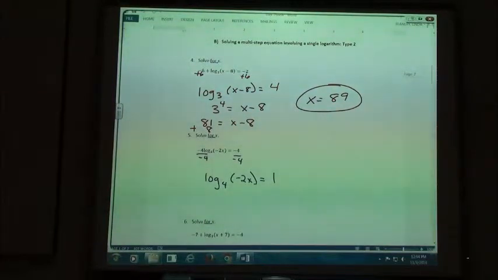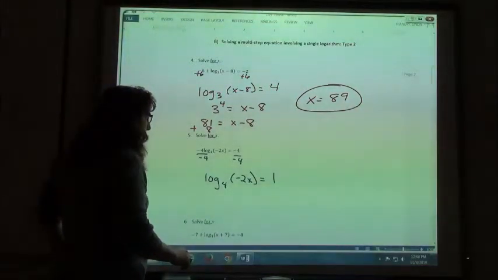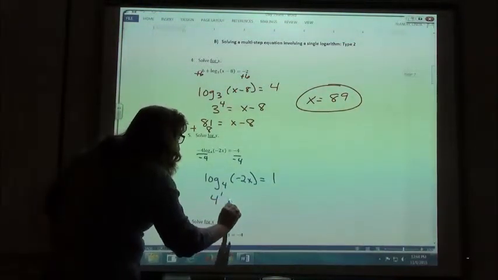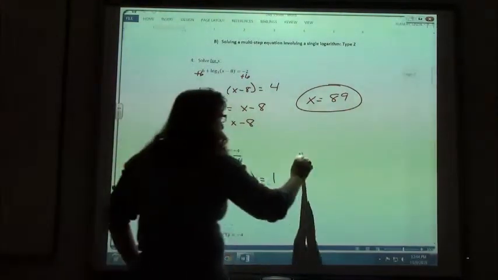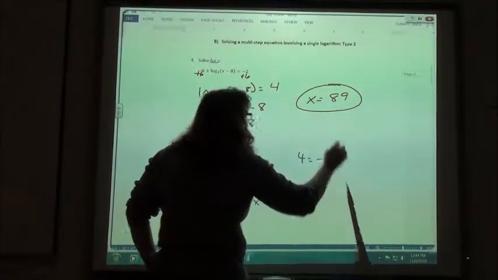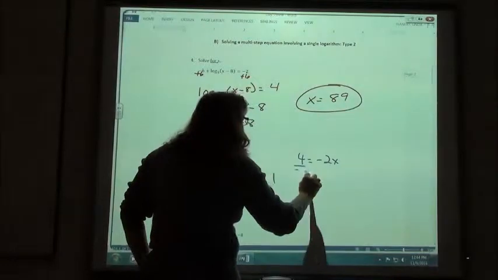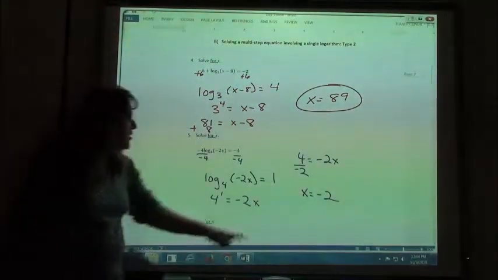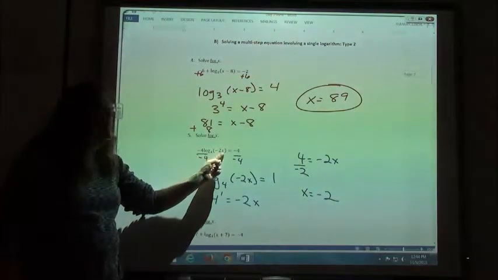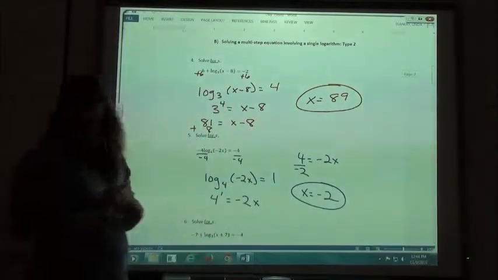And so rearranging that into exponential form, I would have 4 to the 1st equals negative 2x. So if 4 equals negative 2x, I'm going to divide by negative 2 and I get negative 2 for my answer, right? Checking that out, negative 2 times negative 2 is a positive 4, so that's okay to have for your answer.